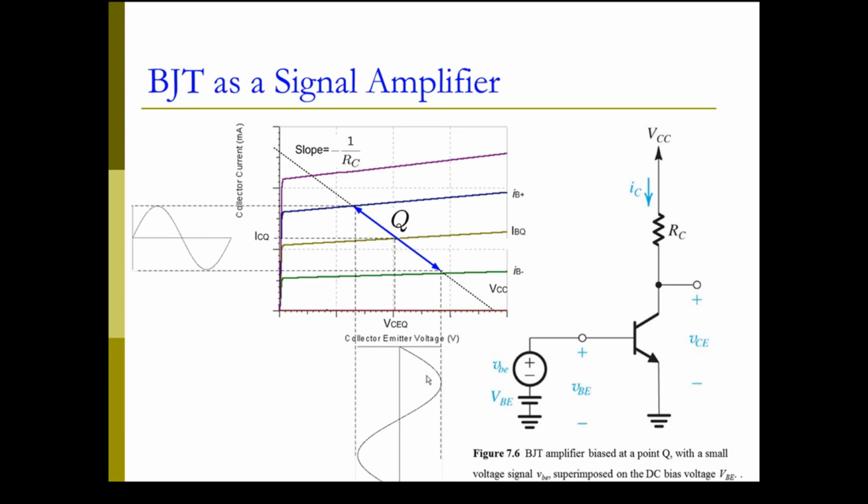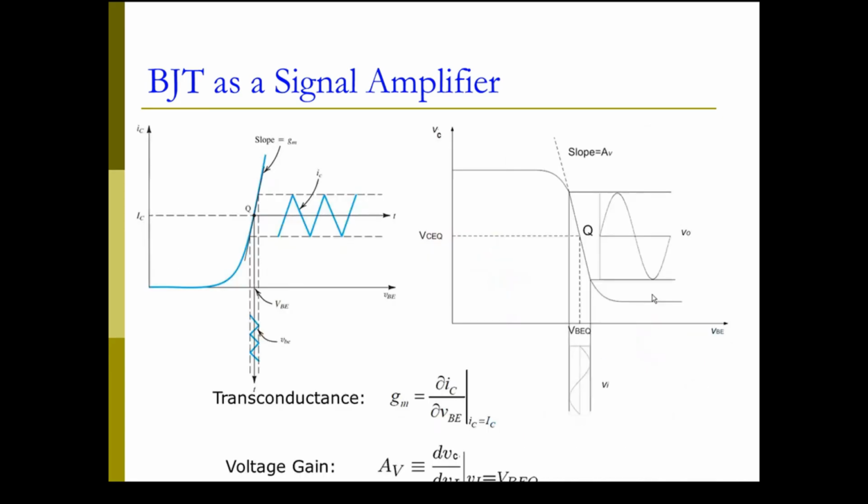This gives us a larger voltage change. Now we can see the BJT can work as an amplifier to amplify a voltage signal, even though the BJT itself is a current controlled current source, but we can amplify a voltage signal by constructing these circuits or properly biasing the transistor.